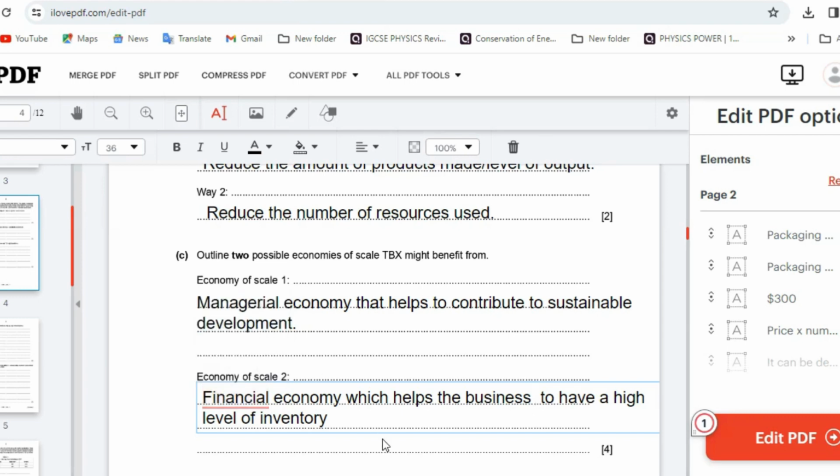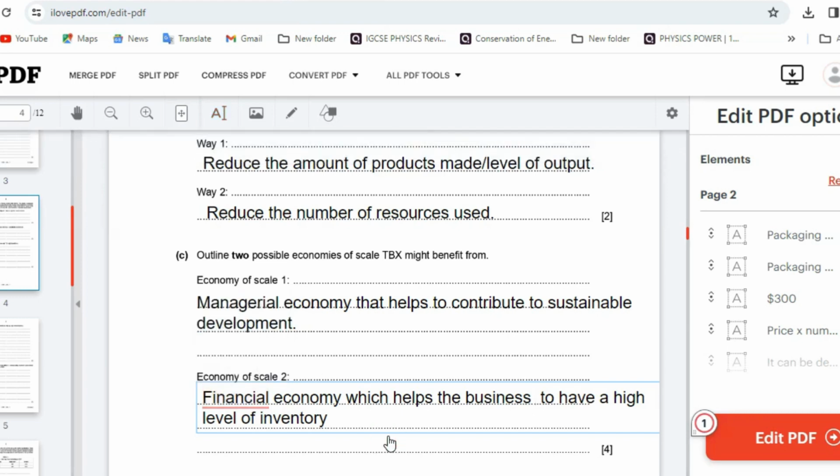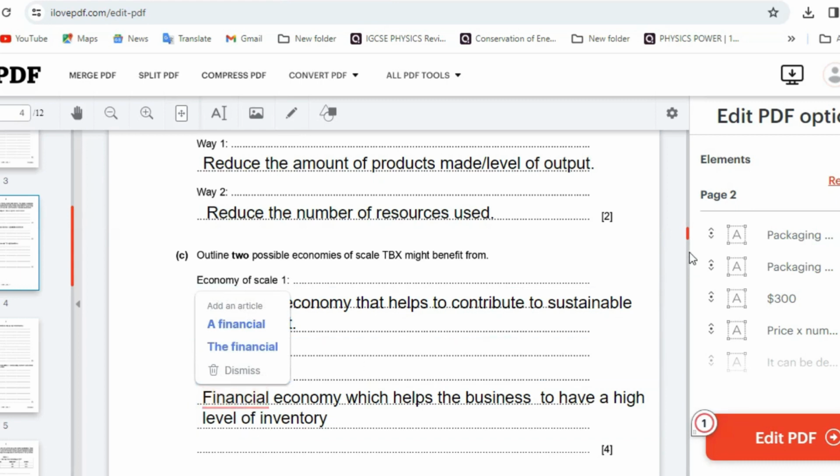Let's put it this way. As I mentioned earlier, we have five: purchasing, technical, and marketing also. Now let us move to the next question that we have. Let's see the question.